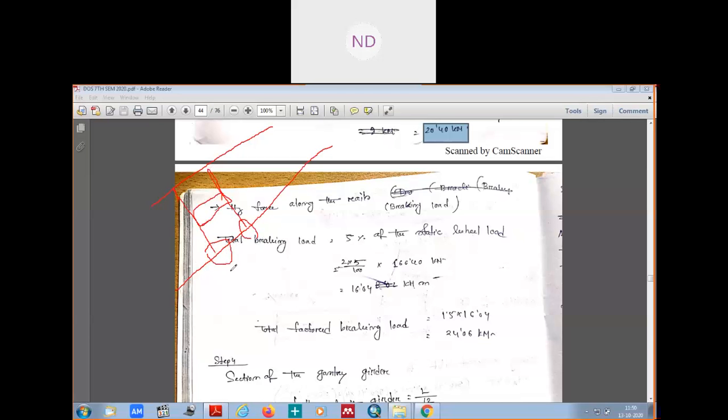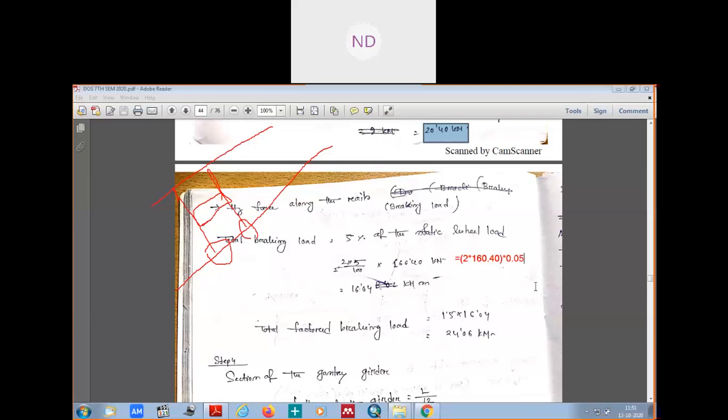because above the gantry girder we have the rail sections where the crane girders are moving. Here are the two wheels, and on each wheel we have the static wheel load as 160.40 kN. So for two wheels it is 2 into 160.40, and that should be taken at 5%, so 2 into 160.40 into 0.05.